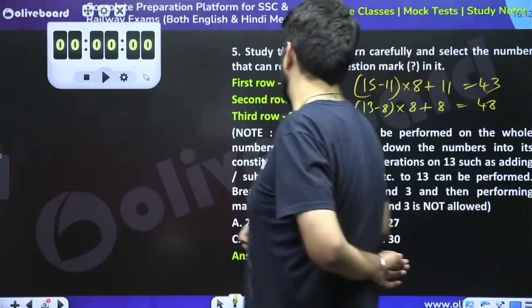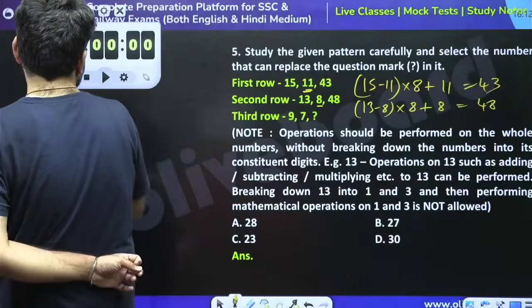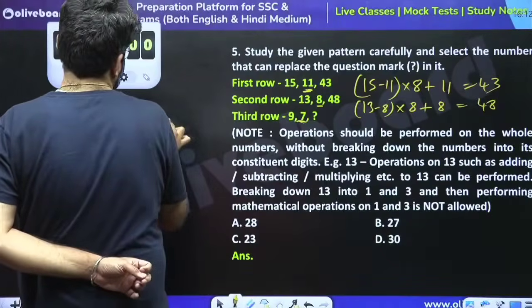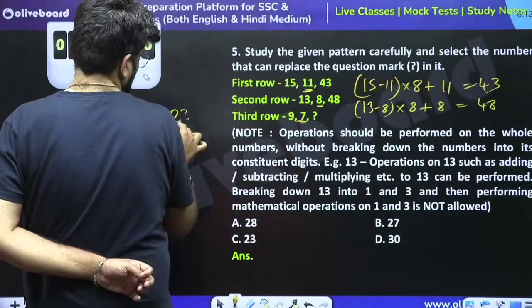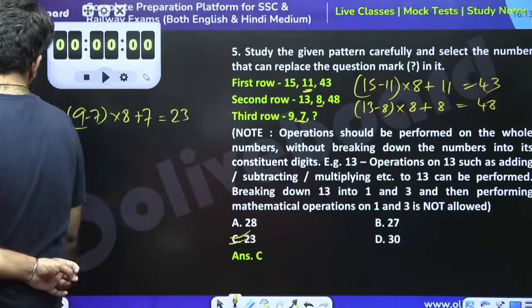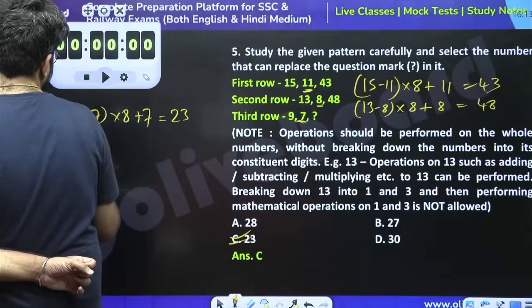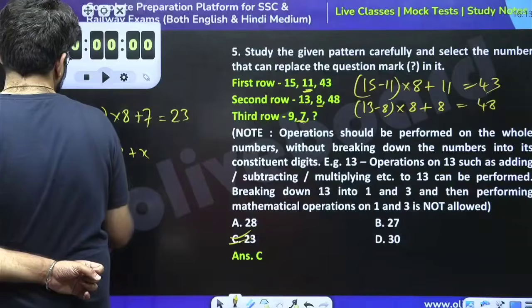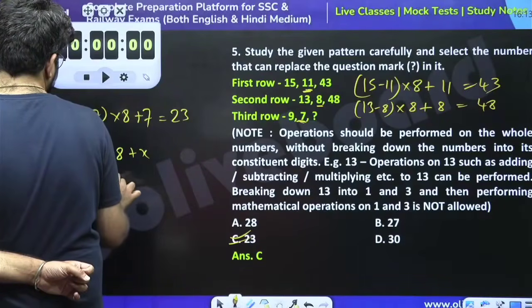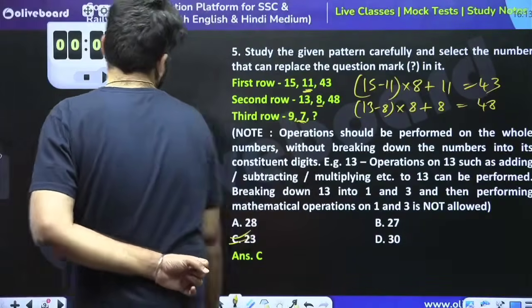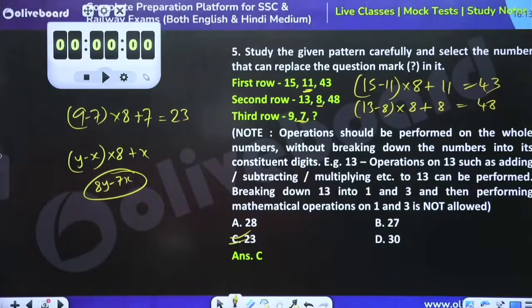Similarly, 9 minus 7 is 2, multiply this by 8, 16 plus 7 is 23. 8y minus 7x, this can also be a logic: 8 times the first column minus 7 times the second column.